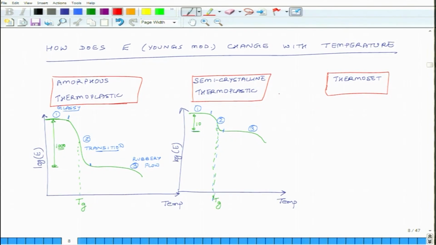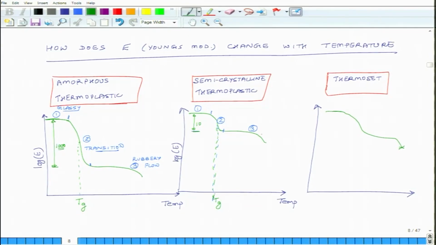So this is what happens in thermoset. So you may have something like this. And here it just breaks down, okay. There is not a whole lot of flow.